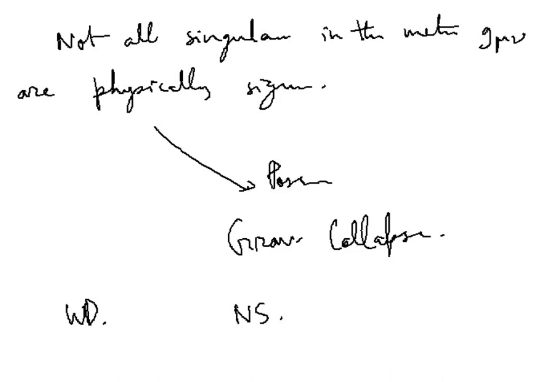Now around 1939, Robert Oppenheimer and collaborators showed that neutron stars, like white dwarfs, have a maximum mass.